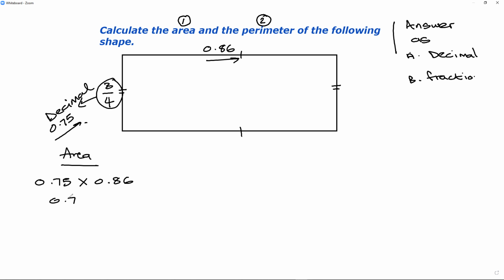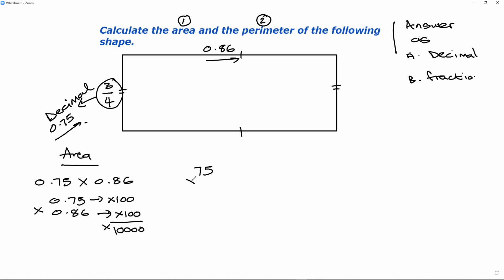Now let's take 0.75 and multiply it by 0.86. Remember, you can multiply by 100 and multiply this by 100, which means that you're actually multiplying by a total of 10,000. So when you work it out, you can divide your answer by 10,000 as well.